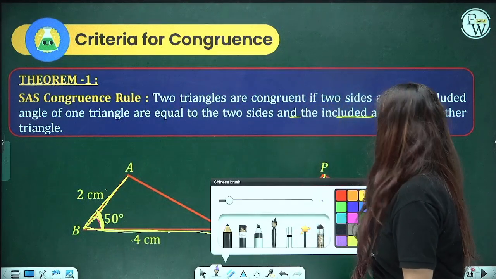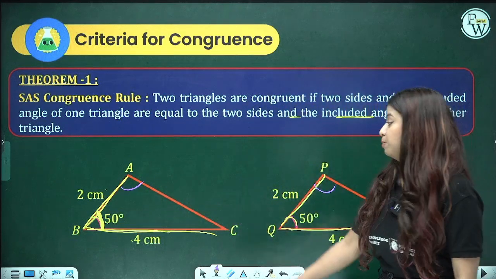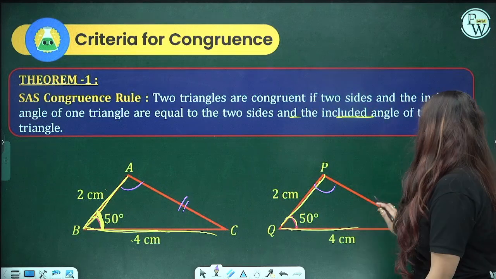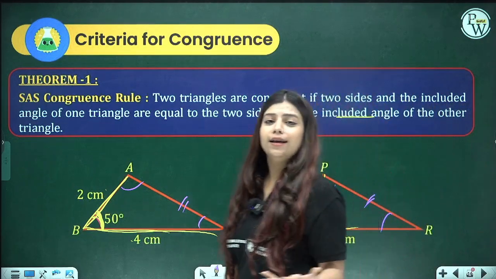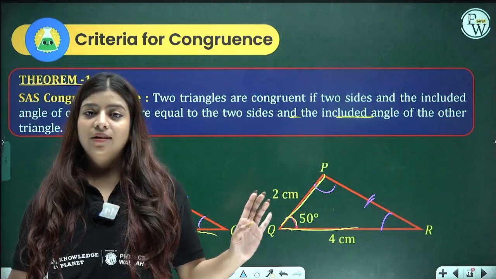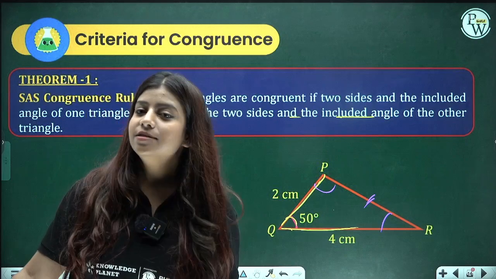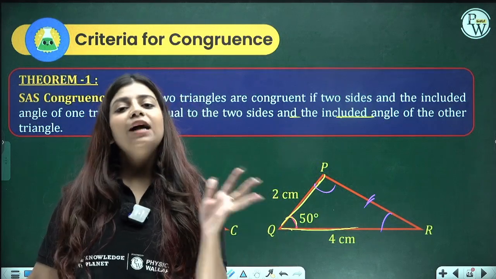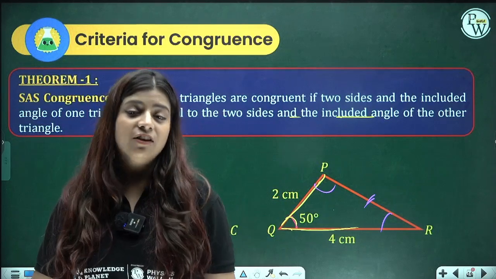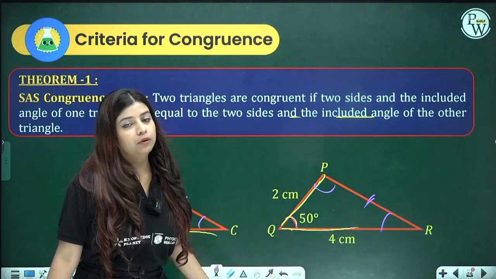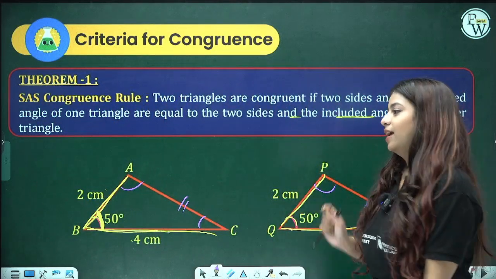Now look over here. Now I can say angle A is equal to angle P, AC is equal to PR and angle C is equal to angle R. Now why can I say this? Through CPCT. Once I have proven two triangles to be congruent by SAS criteria, whatever other sides and angles are present in those triangles will also be equal.